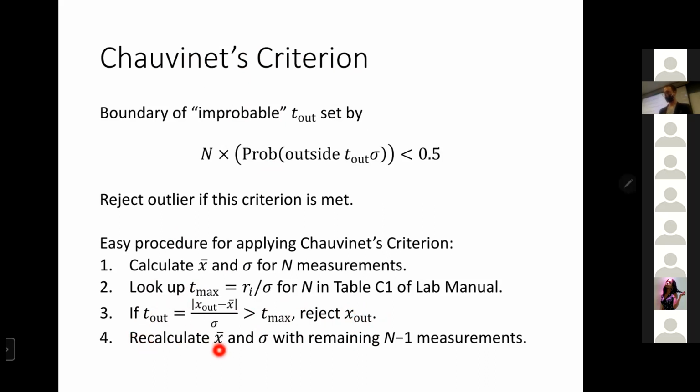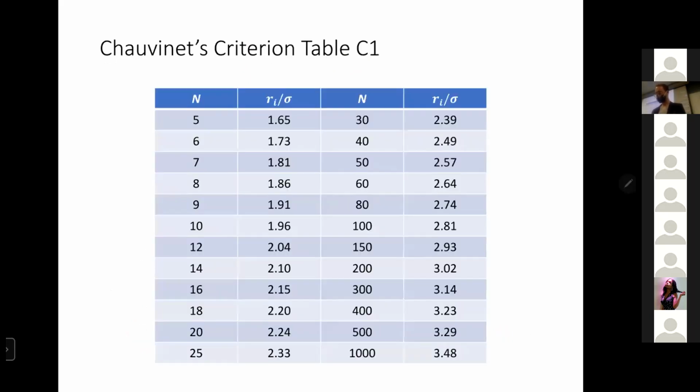You would then recalculate the average and the standard deviation using the remaining n-1 measurements. Okay, and here's the table that you can use. In this column, you have the number of measurements. And in this column, you have the value of T out, which is basically how many standard deviations you are away from the mean.